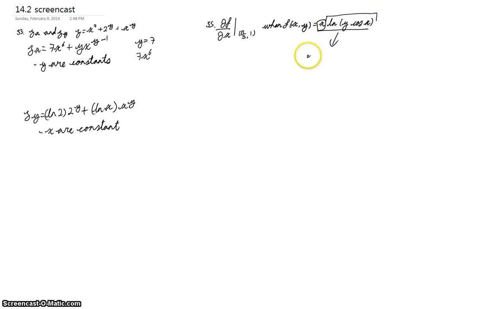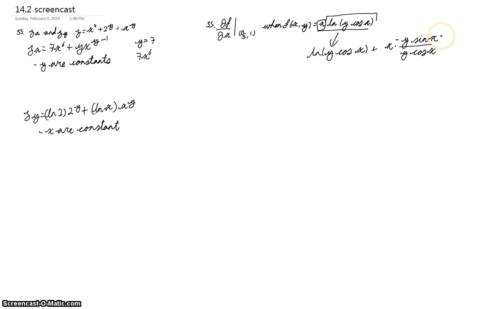Okay, so it's going to be ln of y cosine of x, and next we are going to have x times y cosine of x, but the derivative of that is going to be what? It's going to be negative y sine of x.